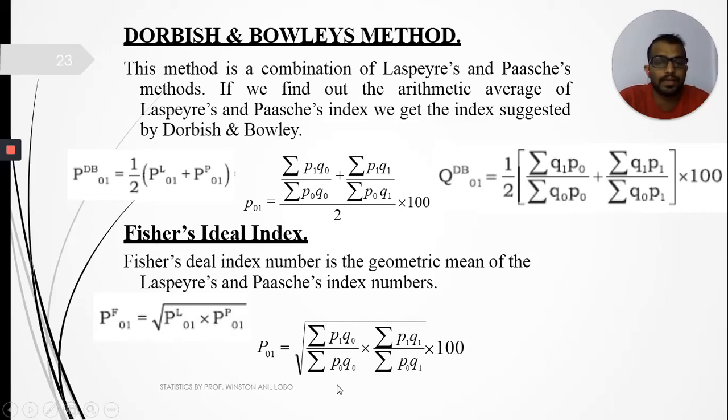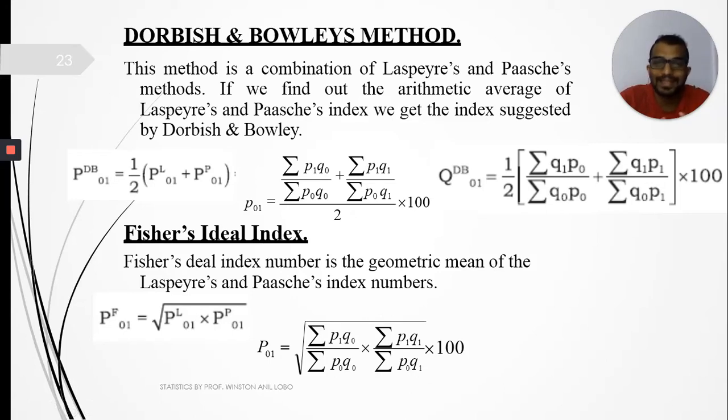That's what is given here in the big formula. P01 equals square root of summation P1Q0 by summation P0Q0 into, remember, geometric mean, this is multiplication, summation P1Q1 by summation P0Q1 into 100.